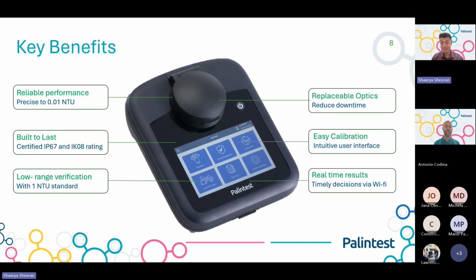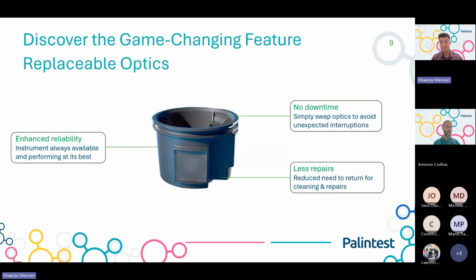Now, there is a game-changing feature on the Turbidity Expert, which is also the patent of our instrument: the replaceable optics. This optics can be taken out in the field itself. The reason we do this is that if, after use, you have contamination and you want uninterrupted testing, you can simply swap it out.